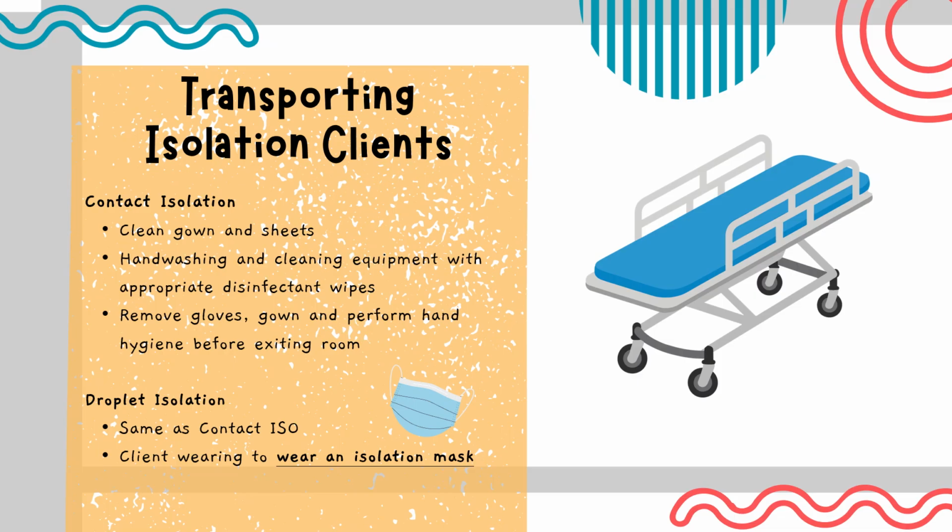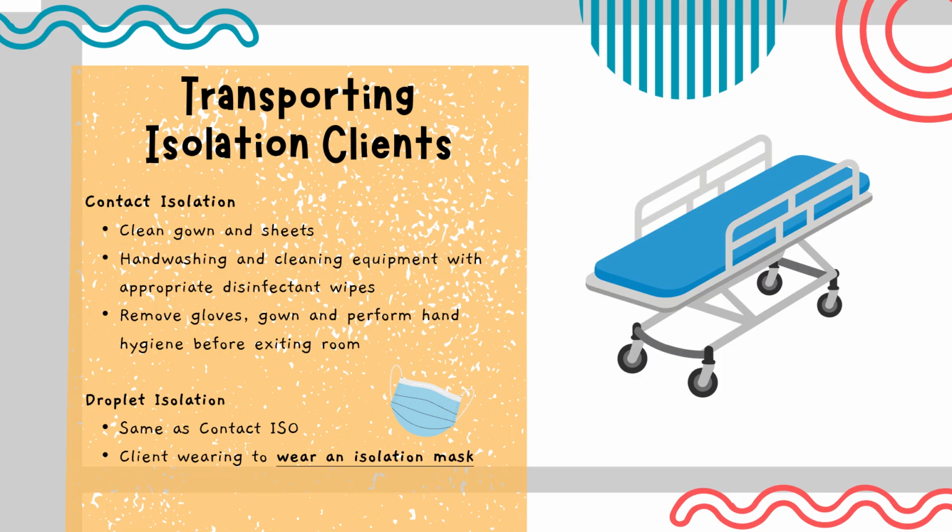Everything that's going to be leaving the room, we're cleaning and washing down with the appropriate disinfectant wipe. Then when we are done with that, we will remove gloves and gown, and perform hand hygiene again before exiting the room. The client will not have to wear any type of mask because this is just a contact isolation.